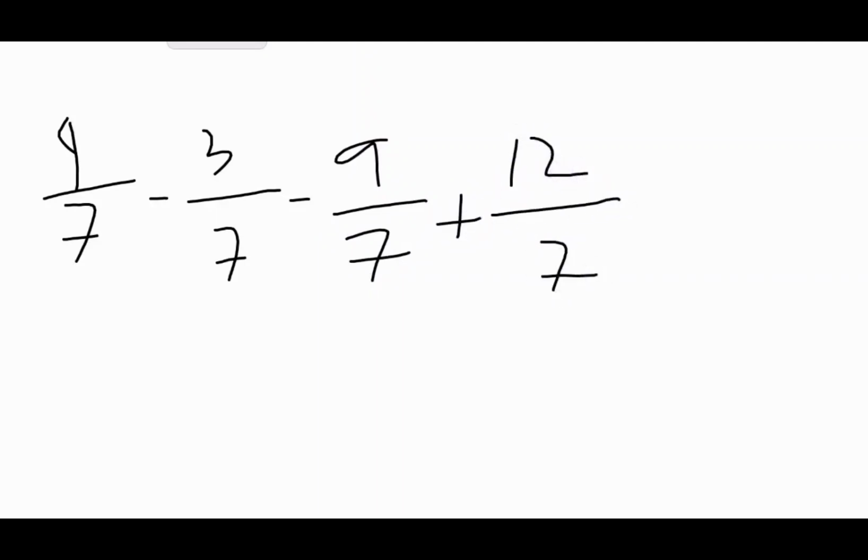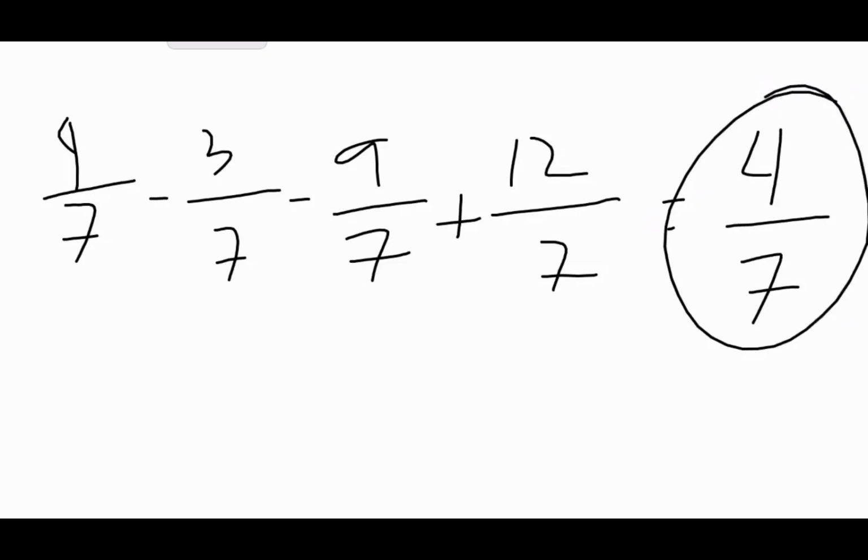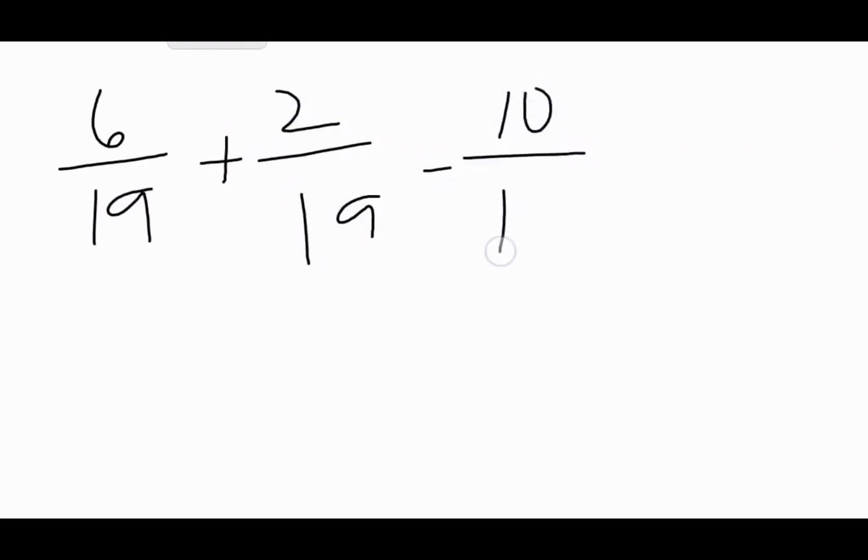So add or subtract the numerators and copy the denominator. That's 4 over 7. Next, 6 over 19 plus 2 over 19 minus 10 over 19. Copy the denominator. So the answer is negative 2 over 19.